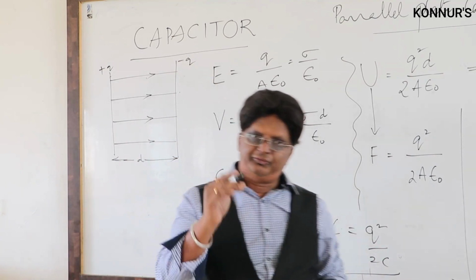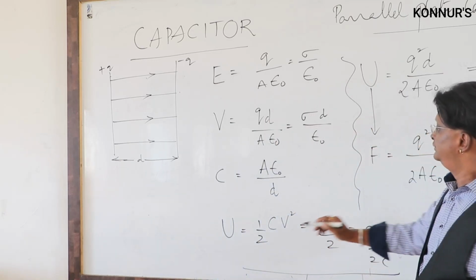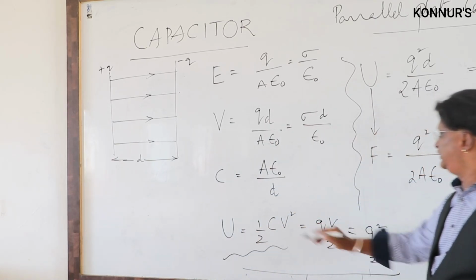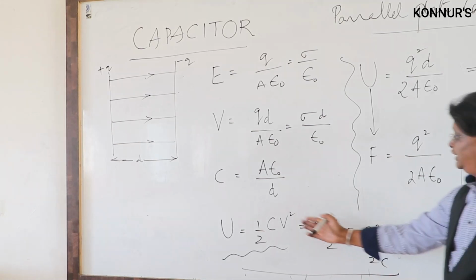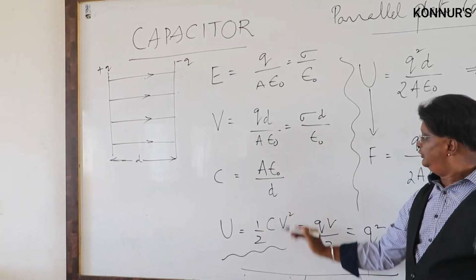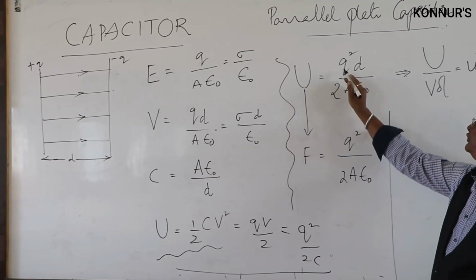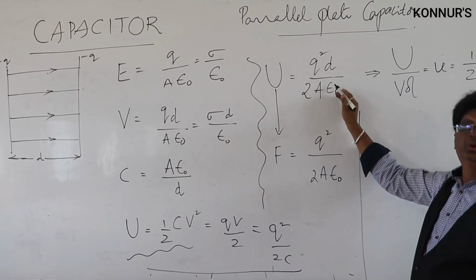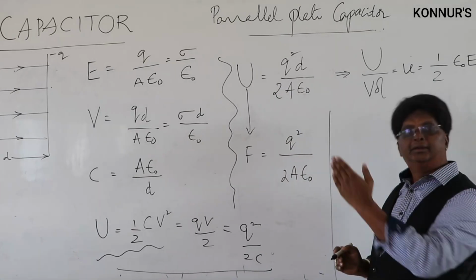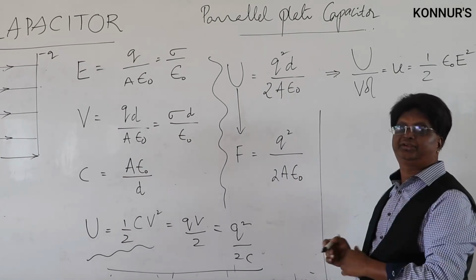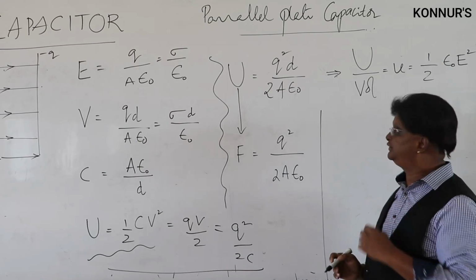All the other things will follow automatically. This is the energy stored in the capacitor. Since I already know the expressions for C and V, you can substitute and get U is equal to Q squared D by 2A epsilon naught. Keep watching your RHS and LHS and understand all the parameters.